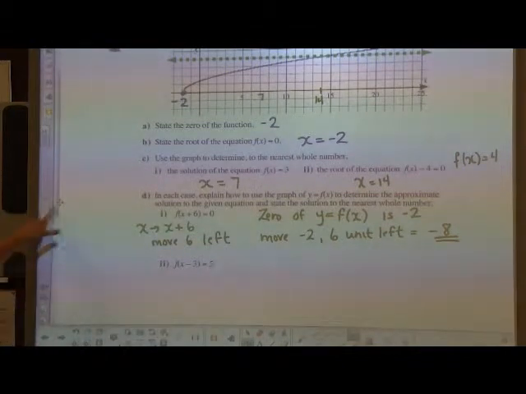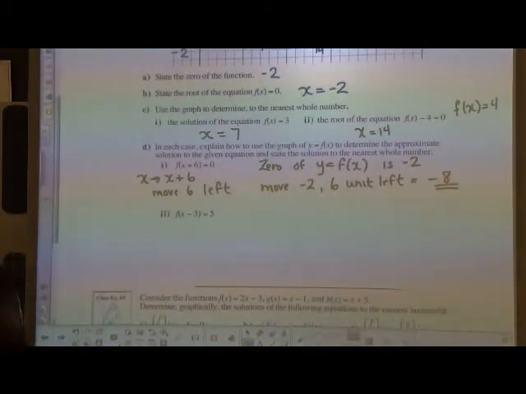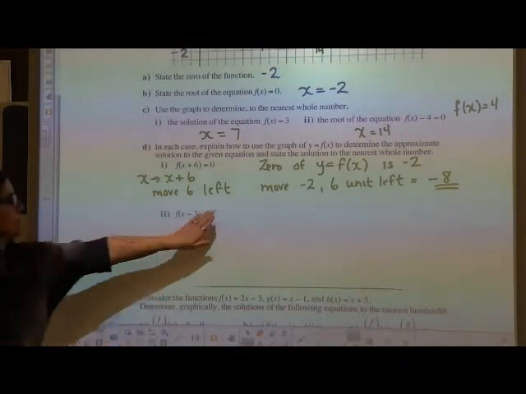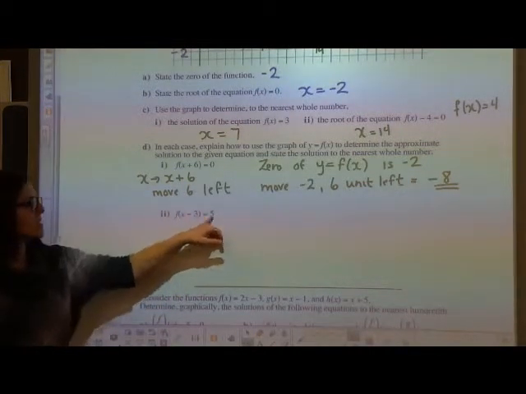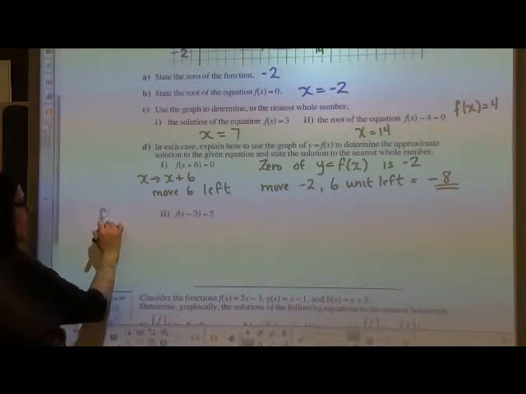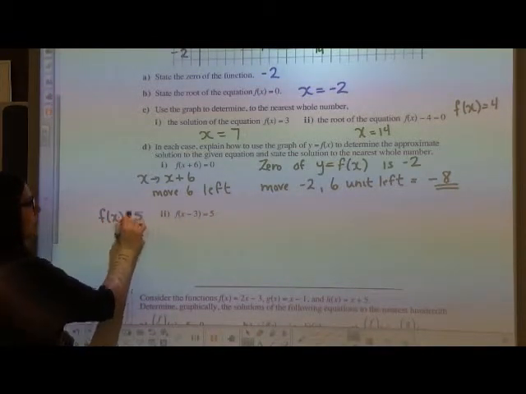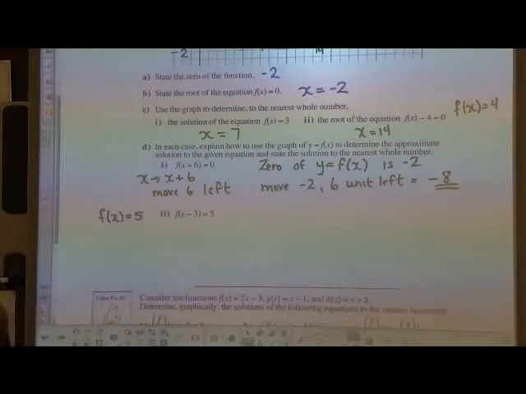So if I look at 2, what are my replacements on 2? Ignore the 5. So actually what I'm doing in this case is I'm going to compare f of x equaling 5 to f of x minus 3 equaling 5.